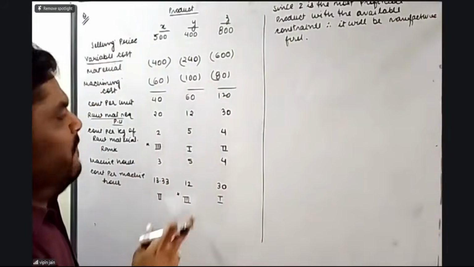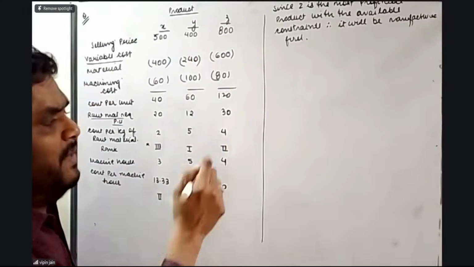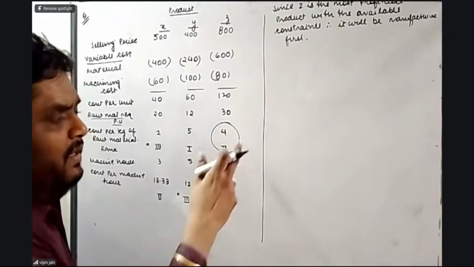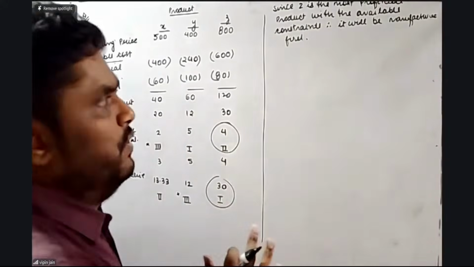See, Z is the most profitable product with the available constraints because herein it is on the second priority, herein it is on the first priority. So it will be manufactured for sure.